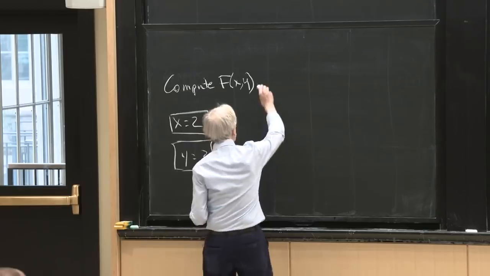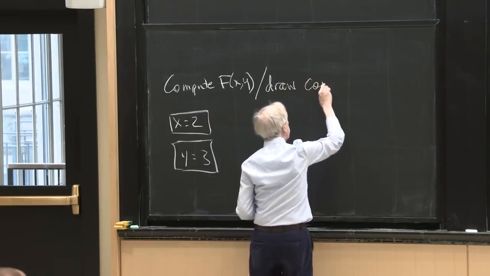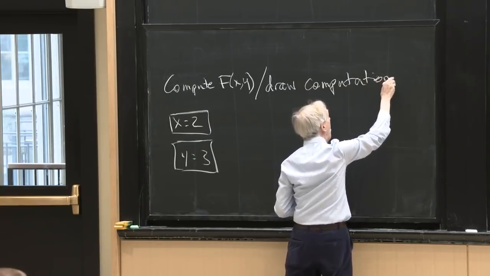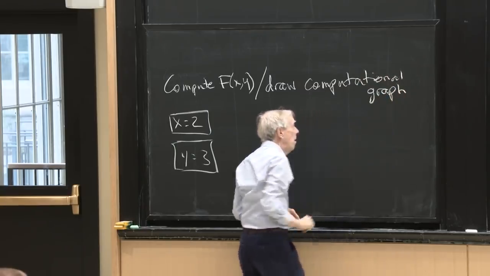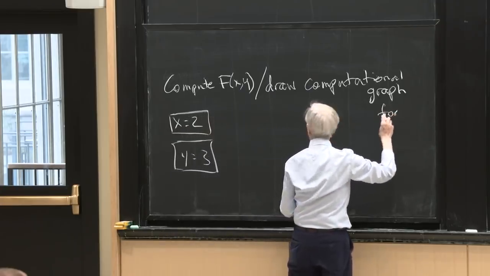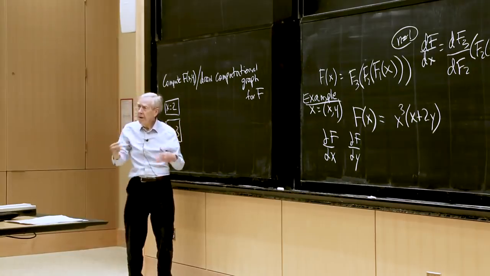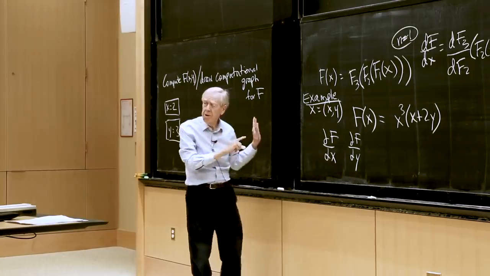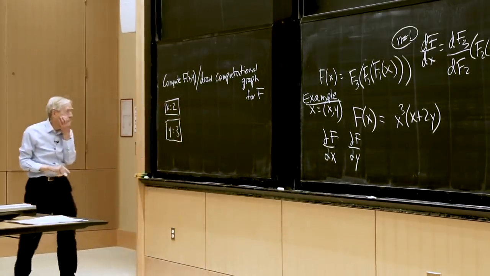So I'm actually going to draw the computational graph to compute f, and then it'll be a variation of that graph to find the derivatives. But let's just start with the graph, first of all, for the function, because we're going to need that.